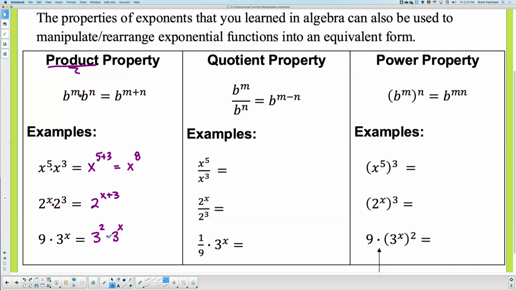Which rule can you apply if the bases are multiplying? Product property. And what you do with the product property is you write the identical base, and then you add your powers. We usually put x in front, so I'm going to do x plus 2. Just like that. So that's the product property.